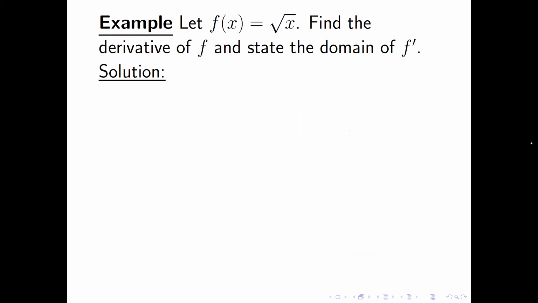So suppose that we want to again solve a function, f of x equal to the square root of x, and we want to find the derivative of this function. We want to find the slope of a tangent line of this function. And again, we want to state the domain.